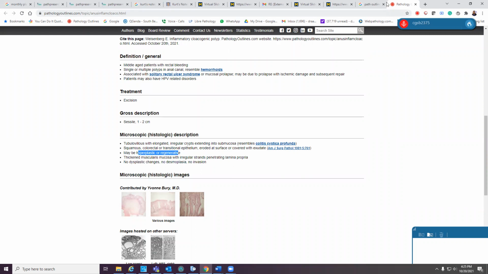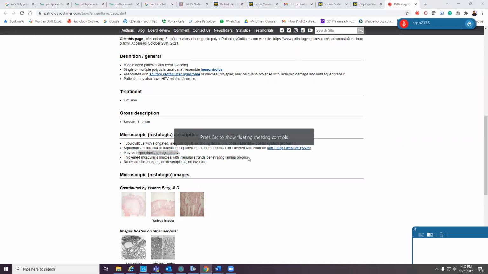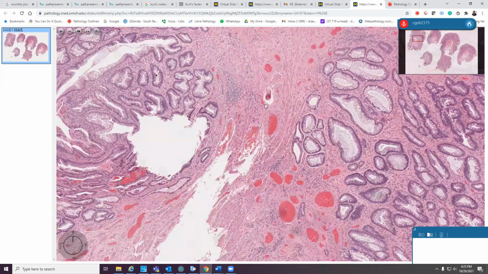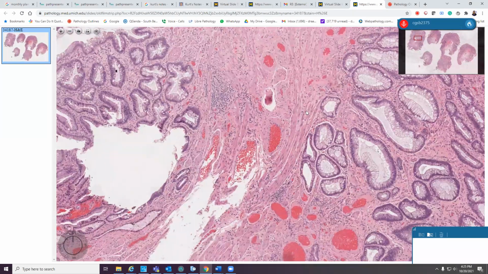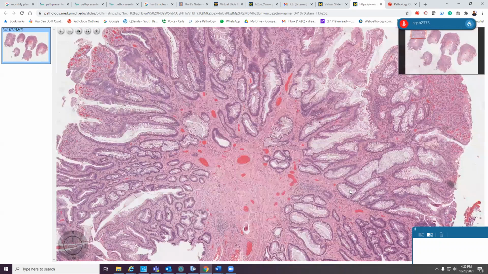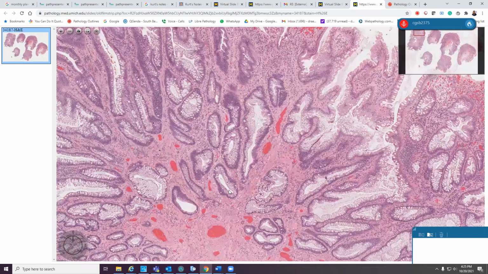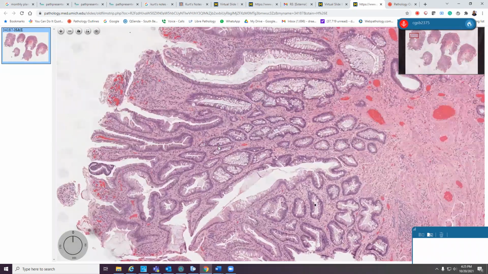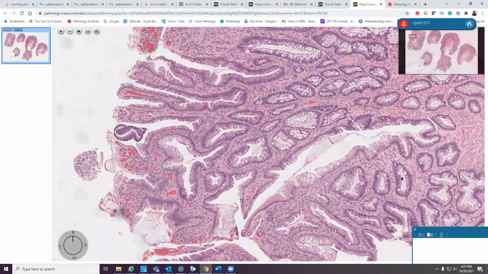Let's see. These muscles in the lamina propria are one of the features, and then the hyperplastic changes they are talking about. You can see the hyperplastic changes nicely over here. No dysplasia.